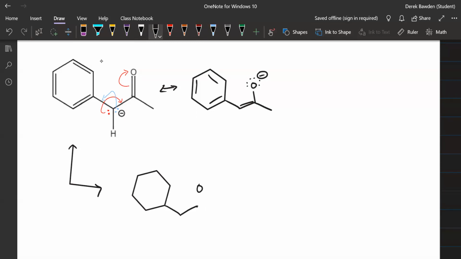So now we'd have a double bond here. But moving the double bond onto there would break the octet. So let's go ahead and move the electrons out onto that carbon. So we'd have a negative charge here. So that's another way to draw a resonance structure. Any questions on these before we move on? Awesome.